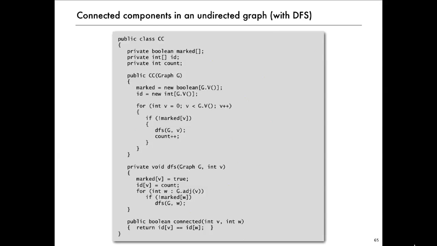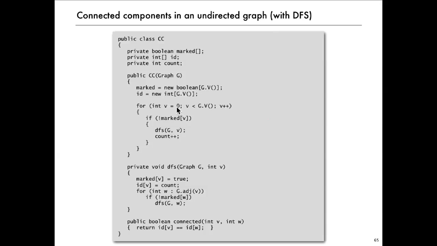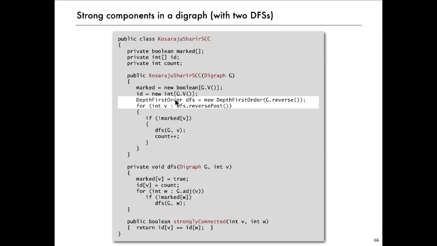If you take that code and change the names, and then instead of going through the vertices from 0 through V minus 1, you first compute the depth first order by doing a depth first search of the reverse graph, and then you iterate through the vertices in that order, you get an algorithm for strong connectivity.